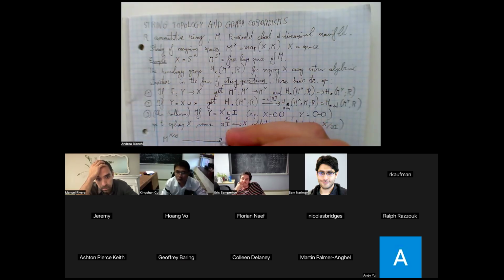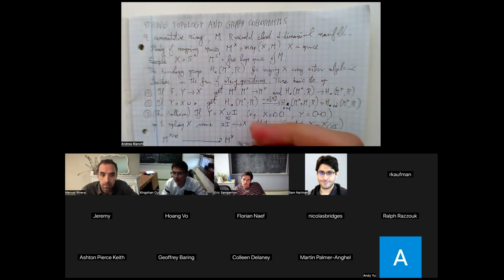The space of maps from X modulo delta I into M is a subspace of the maps from X to M, namely the subspace of those maps whose values at the 2 points given by this inclusion of delta I agree.